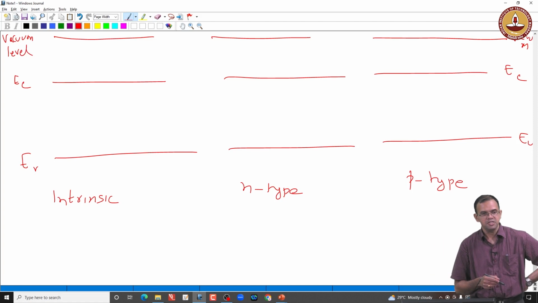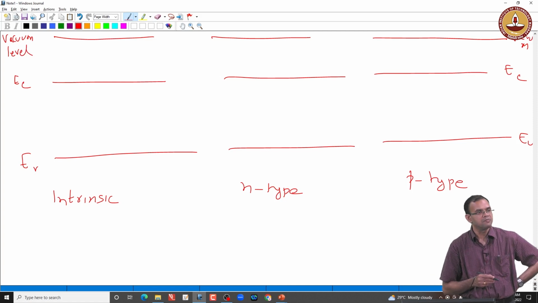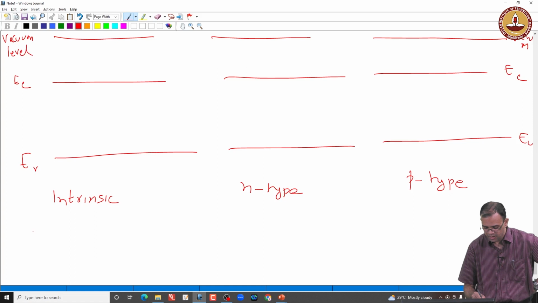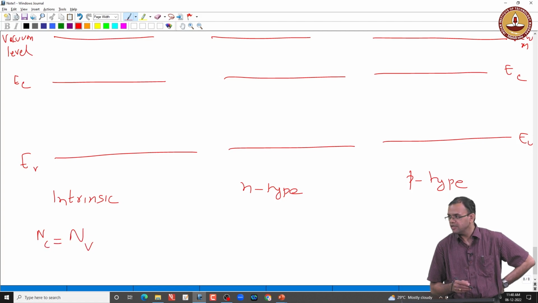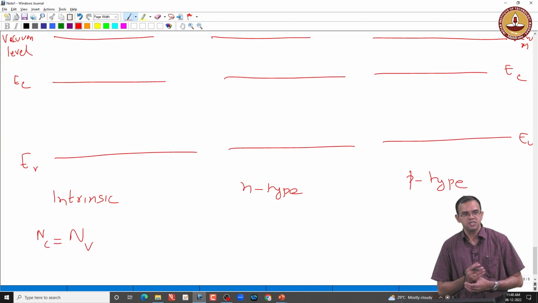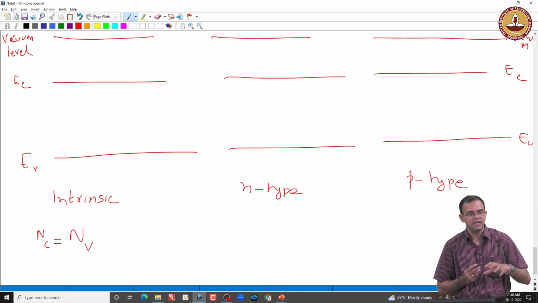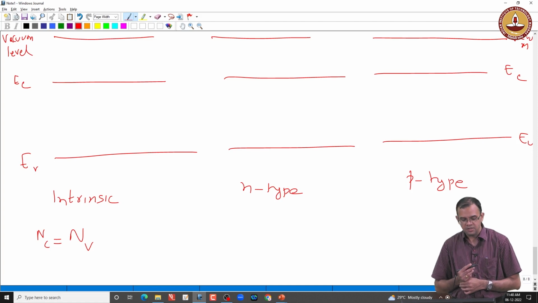So if I have an intrinsic semiconductor, I will also make life easy for me. I will just say NC is equal to NV, right? So this is again the symmetric situation that Prof. Celso talked about, where the effective density of states at the valence and the conduction band edges are the same.